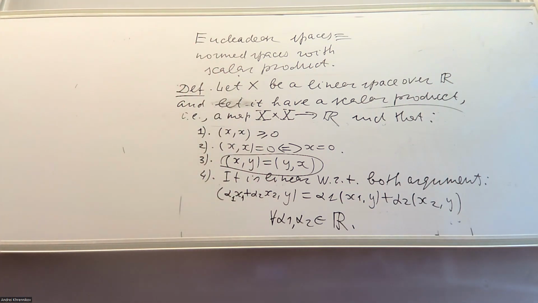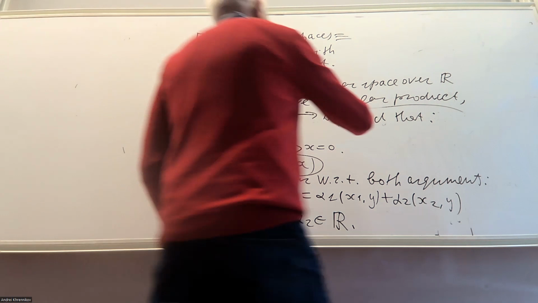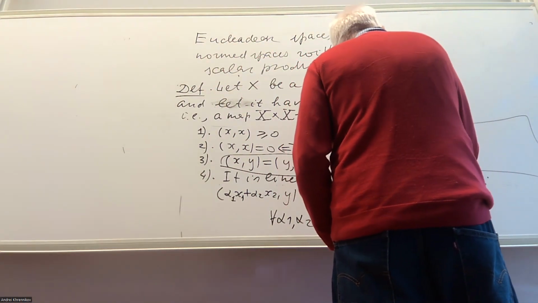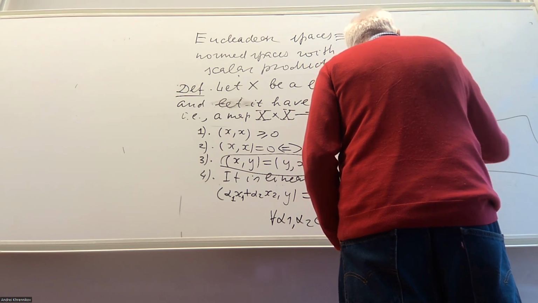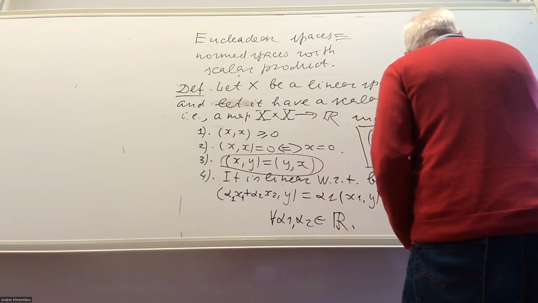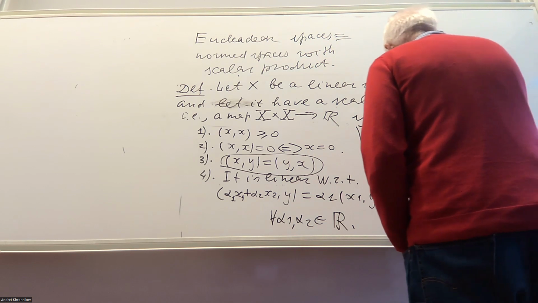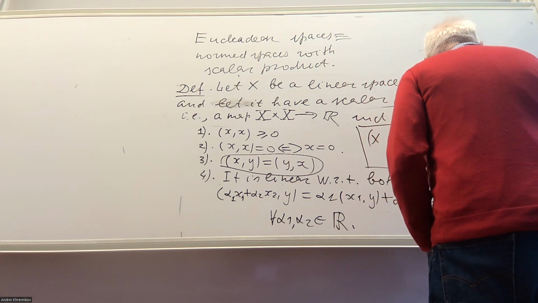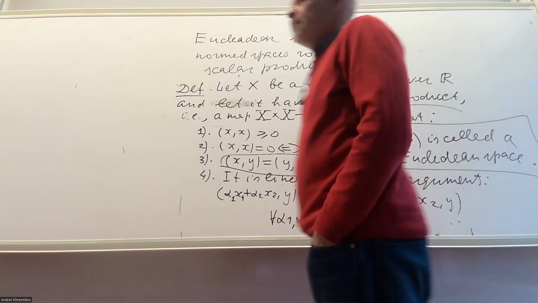Then let's call it Euclidean space. Then X with this scalar product is called a Euclidean space.